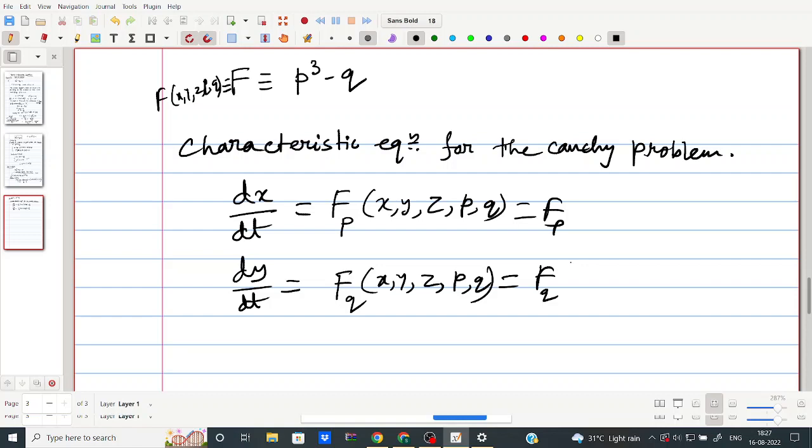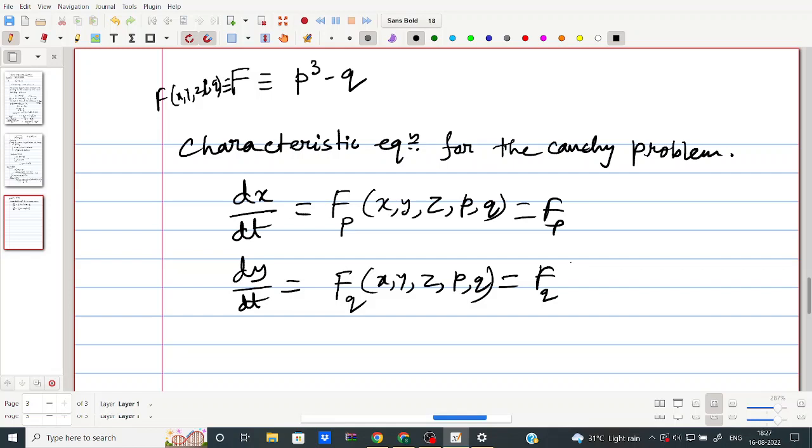FP means 3p square, and FQ means minus 1. So 3p square minus 1 and FQ is 3p cube minus q. F is independent of x and F is independent of u because F is p cube minus q. So this is 0, this is also 0, right?